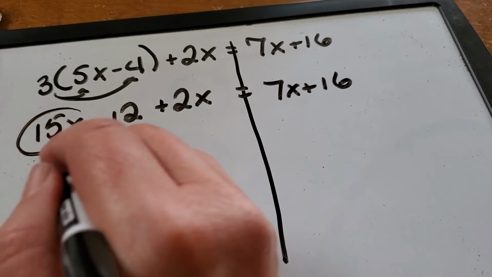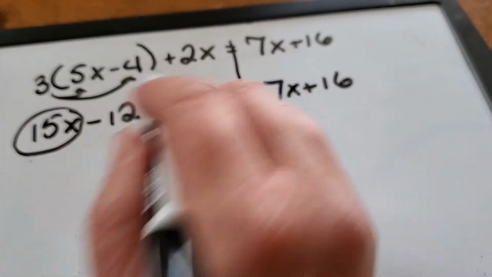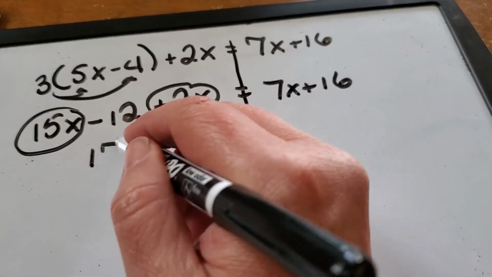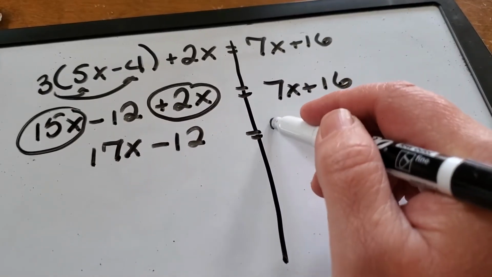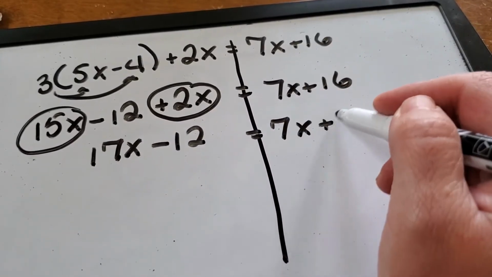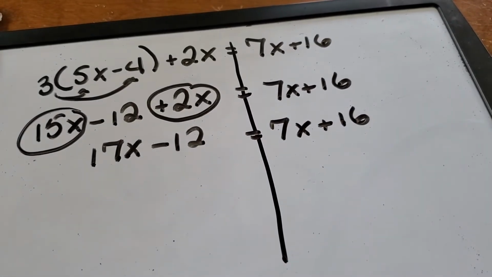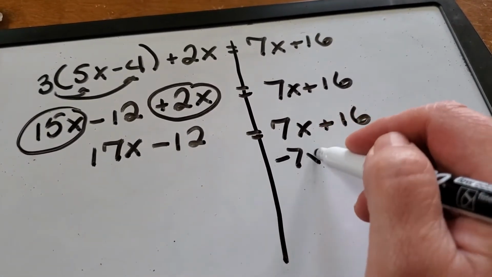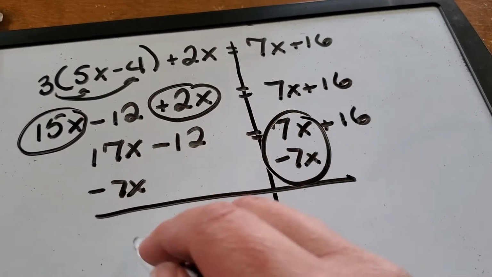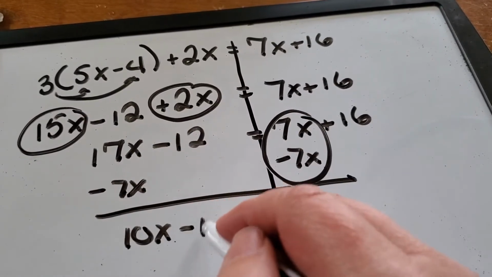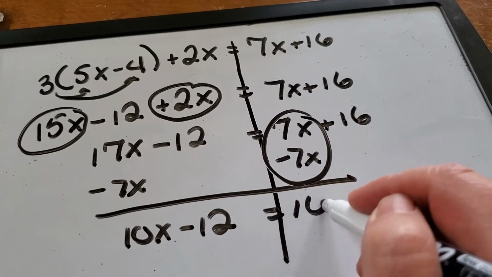I can combine like terms over here. 15x plus 2x is 17x minus 12. Equals 7x plus 16. I can subtract 7x from both sides. So I'm going to get 10x minus 12 equals 16.